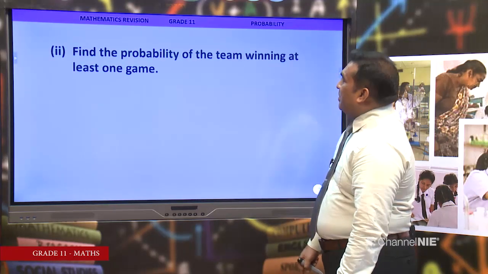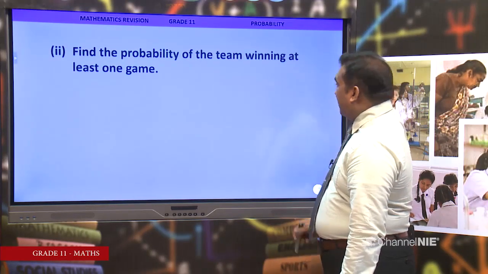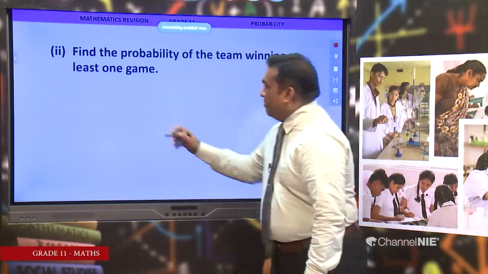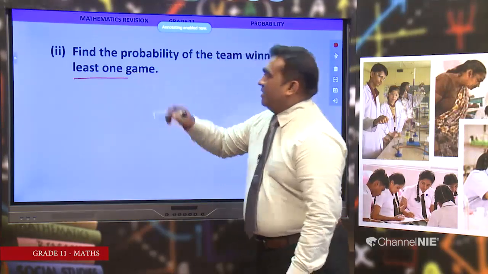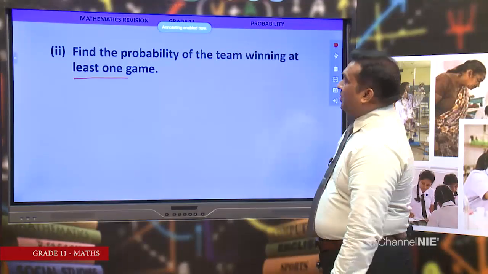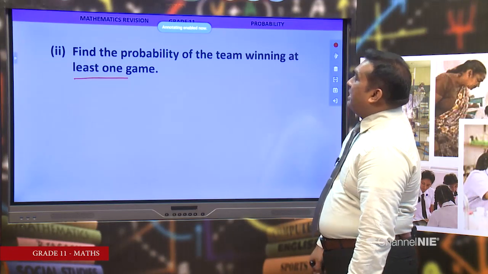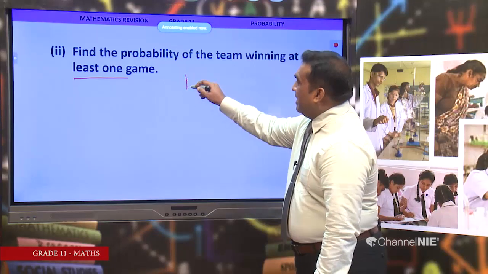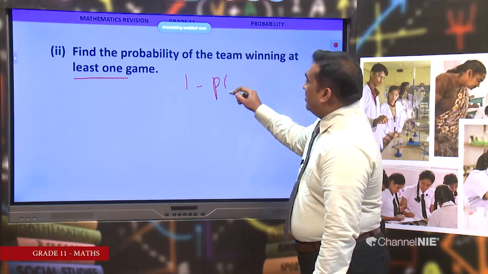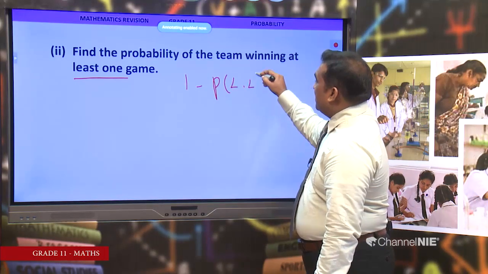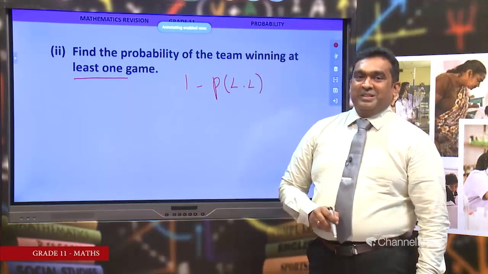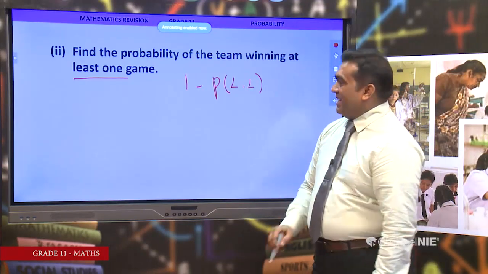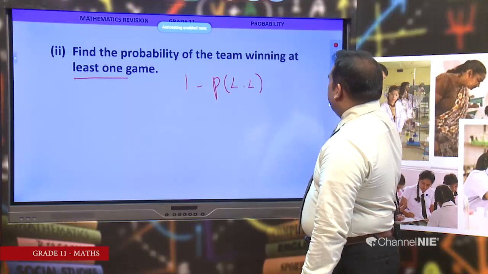Now find the probability of the team winning at least one game, at least one. Find the probability of the team winning at least one. It means 1 minus probability of lose, lose, no. Okay, we will see.